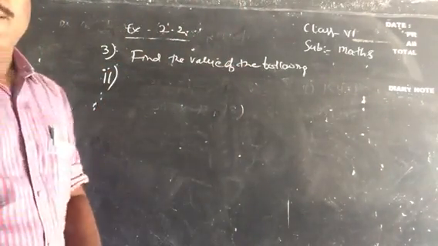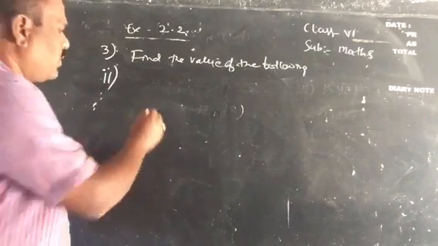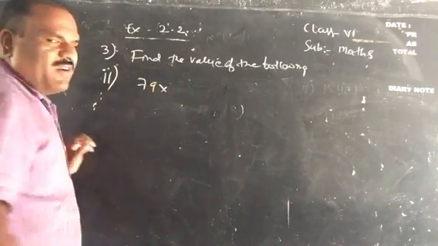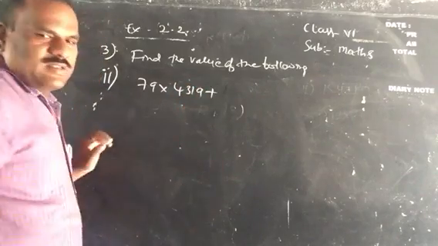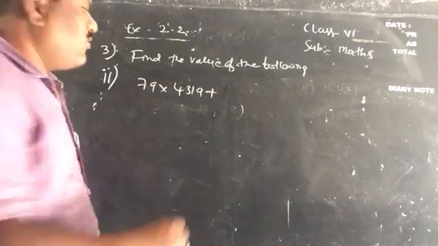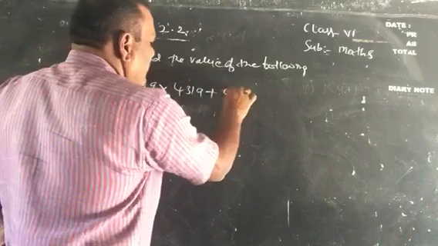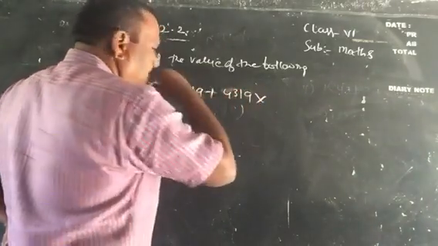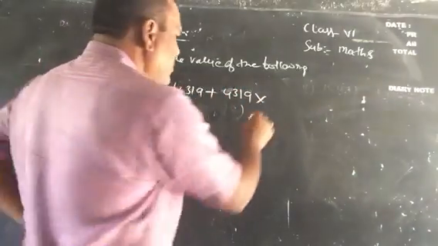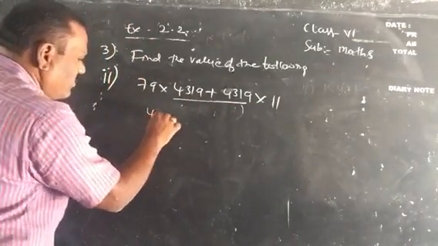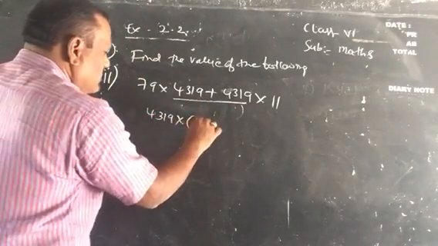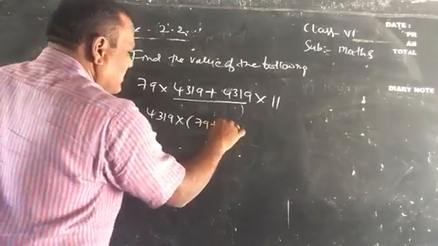And second one: 79 into 4319 plus 4319 into 11. So here 4319 is common: 4319 into 79 plus 11.